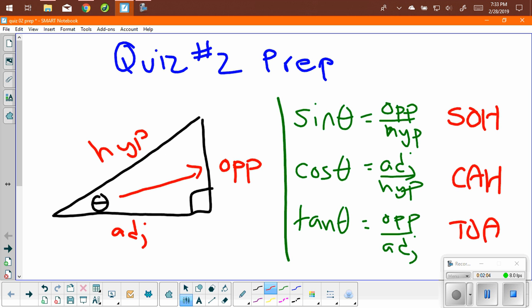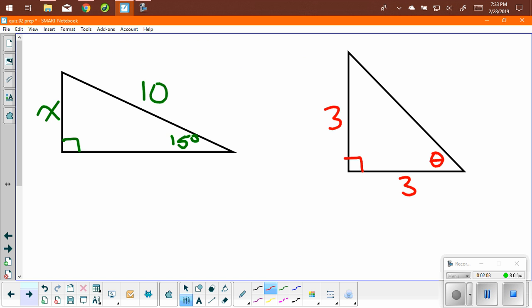So here's what we're going to do. Here are two triangles. For the one on the left, I want you to find the value of side x. And for the one on the right, you're finding the angle.